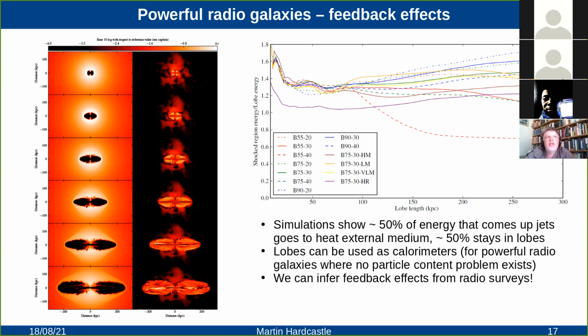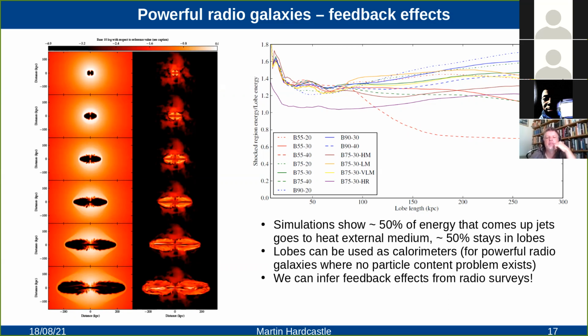So if I show you a radio galaxy and ask how much work it has done on its external environment, then even though you don't know what the external environment is, you can say that if I calculate the amount of energy that's in the lobes, it's about the same as what has gone into the external medium.